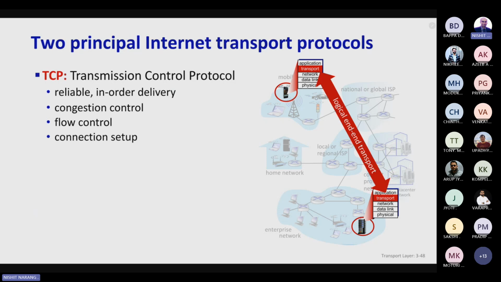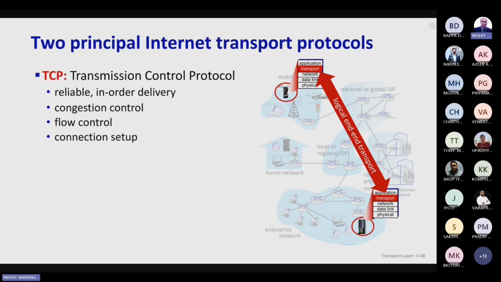So we'll look at how TCP functions, but this is one of the key functions of the TCP transport protocol, reliable delivery of messages. It also provides in-order delivery. So if a higher layer application message is broken down into multiple segments, and these segments get transmitted in multiple different packets at the IP layer or the network layer, then we understood that each of them will be independently routed through the network.